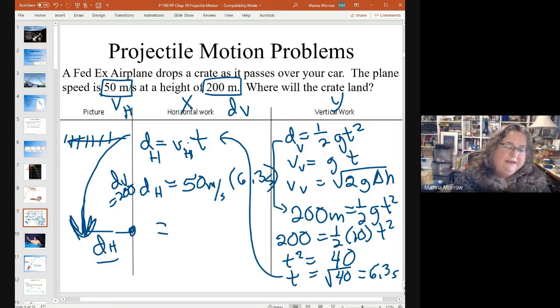So what are we going to get? We're going to get a distance of 316 meters.